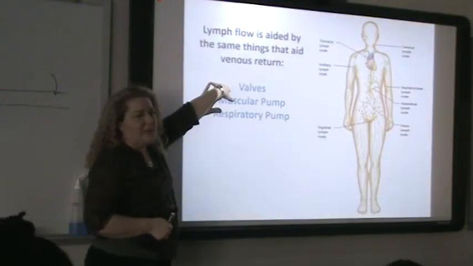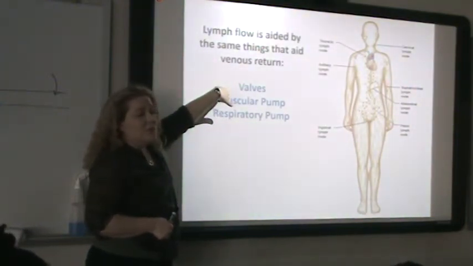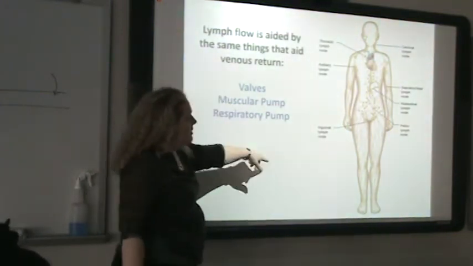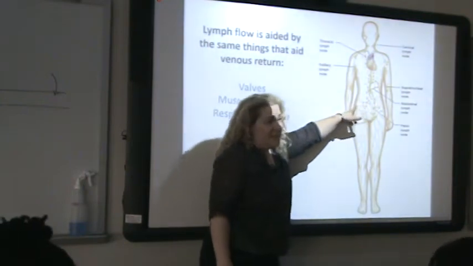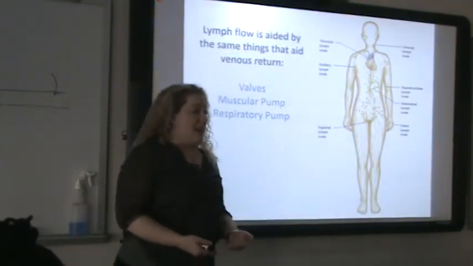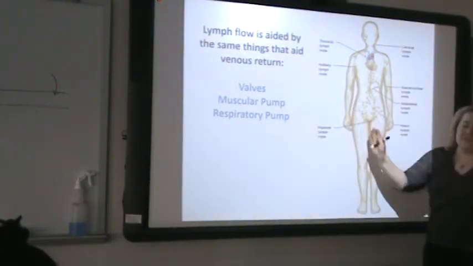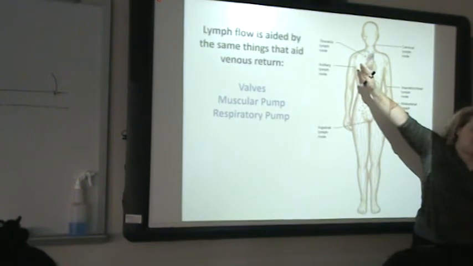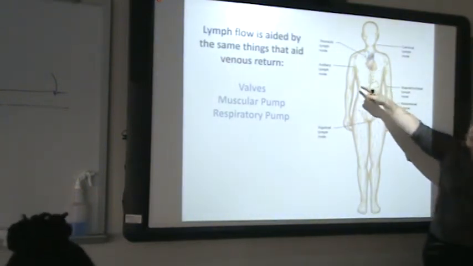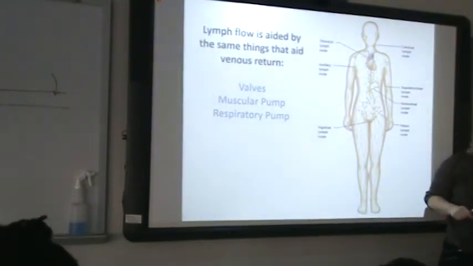The big ones have valves of their own. And when your muscles contract in your legs and arms, that's squeezing lymph through the lymphatic vessels. When you breathe and lower your diaphragm and lower the pressure in your chest cavity, that's also sucking lymph toward the torso as well. Same stuff that moves blood through veins moves lymph through lymphatic vessels.